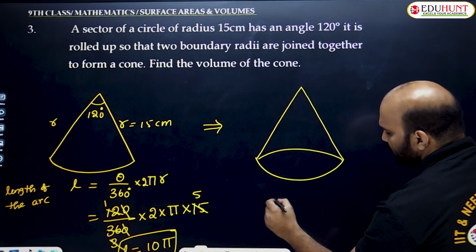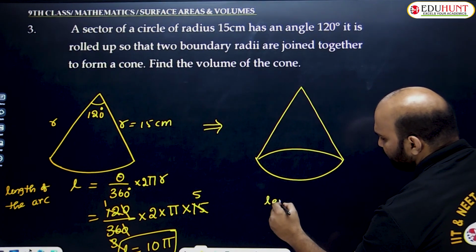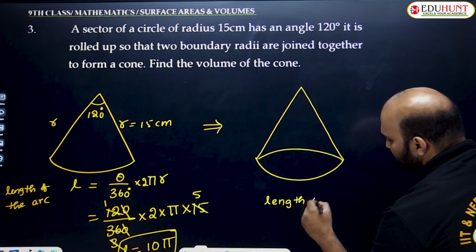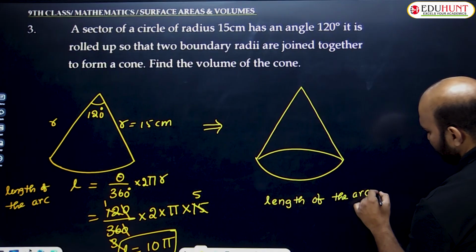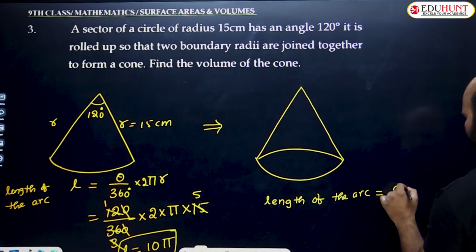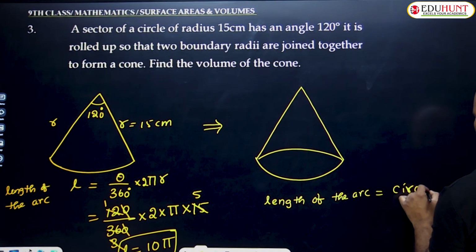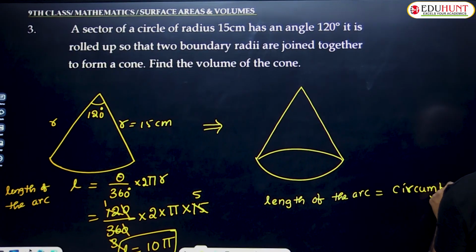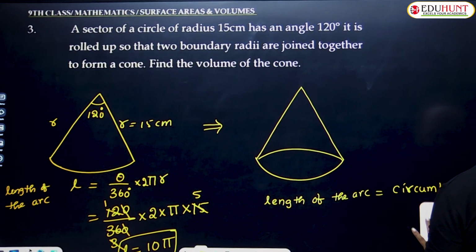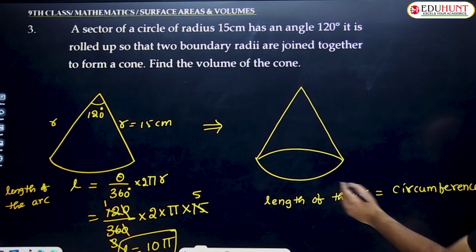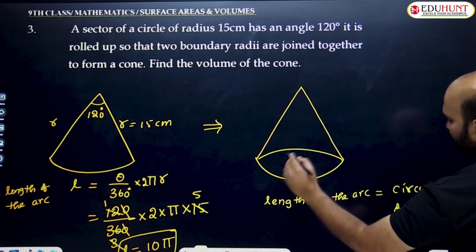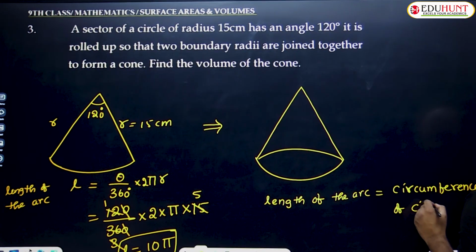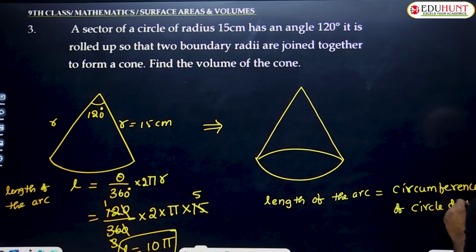So the length of the arc becomes the circumference of the base circle of the cone.